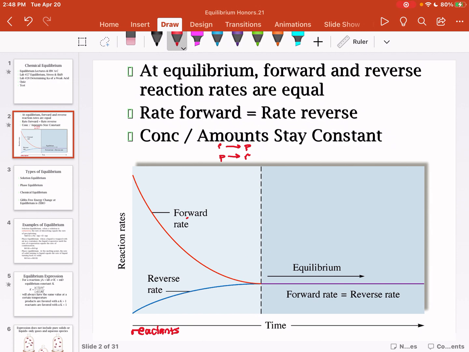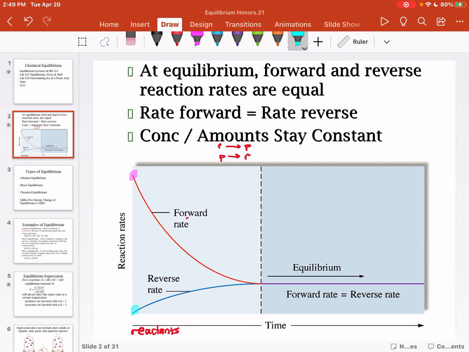So initially what we can see is our reactant concentration for the forward reaction is very high. And as reactants start to form products, we know that the concentration of the products is going to go up. Initially, we have no products, so you can see that our reverse rate starts off at 0, but then our products can go back and regenerate those reactants.